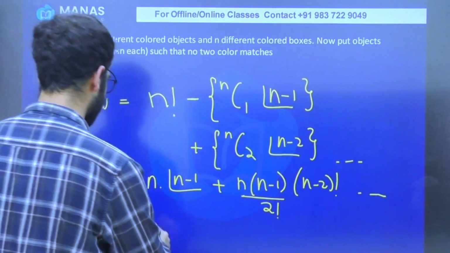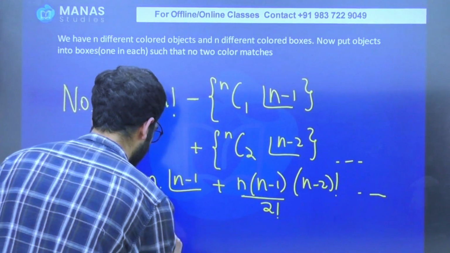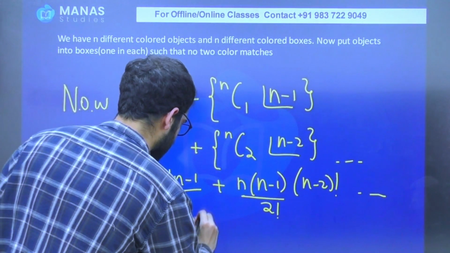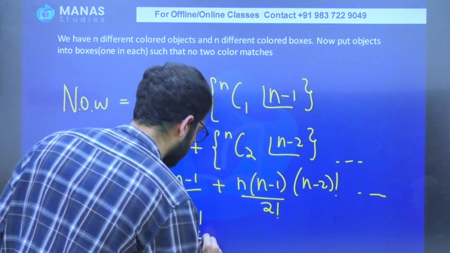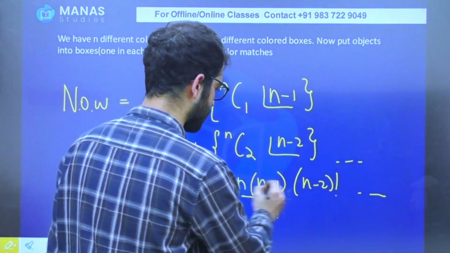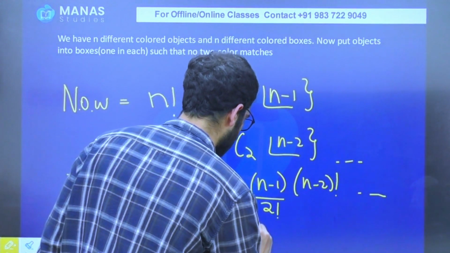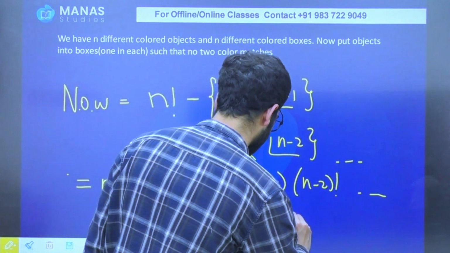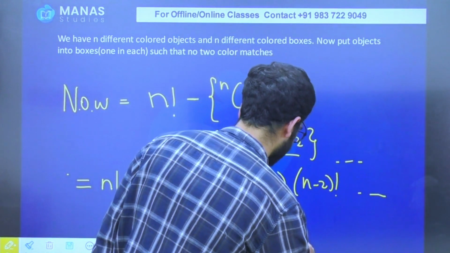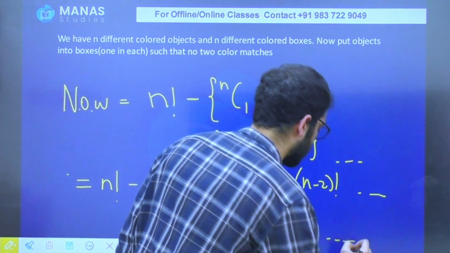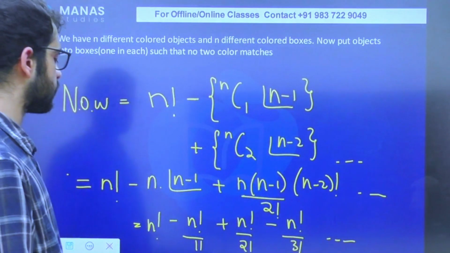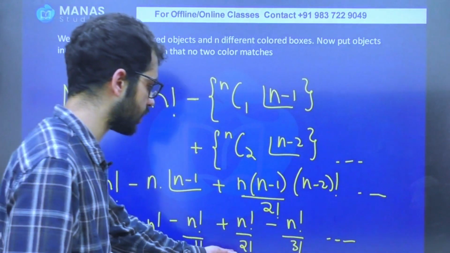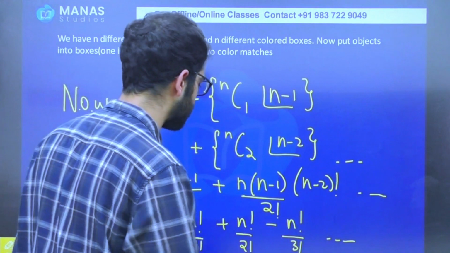This entire expression can be summarized as n factorial. n into n minus 1 factorial can be written as n factorial divided by 1 factorial. Then the next term can be written as n factorial divided by 2 factorial. On a similar note, the next term will be n factorial divided by 3 factorial and so on. So the expression is n factorial minus n factorial by 1 factorial plus n factorial by 2 factorial minus n factorial by 3 factorial.